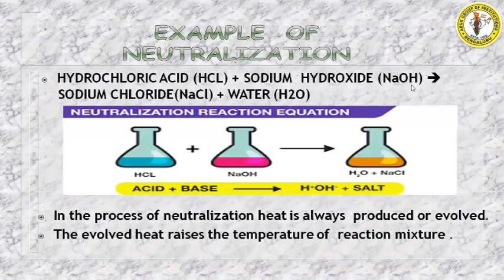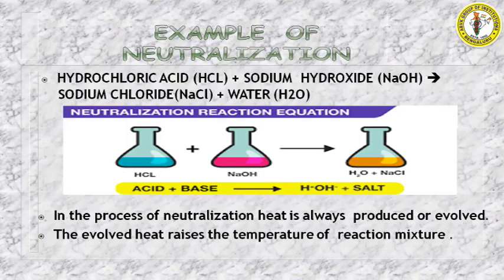So, examples of neutralization reaction. For example, hydrochloric acid, that is HCl, reacts with sodium hydroxide, that is NaOH, to give rise to sodium chloride, which is a salt, that is NaCl, plus water. So what is the acid here?